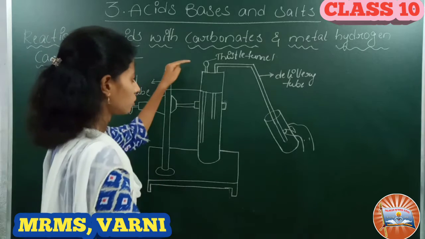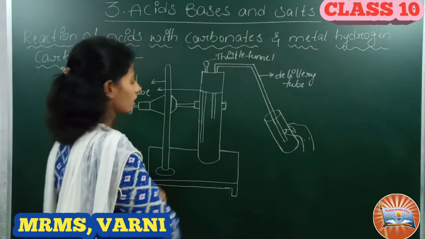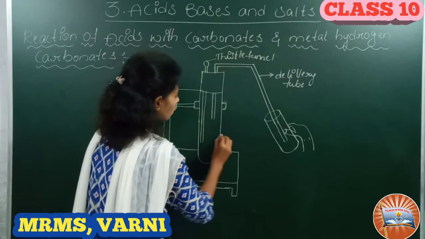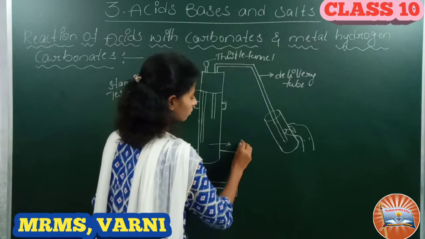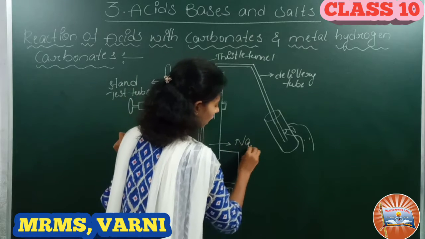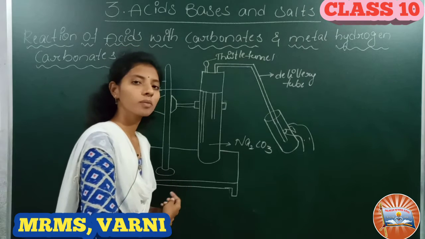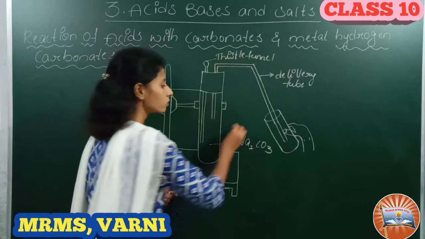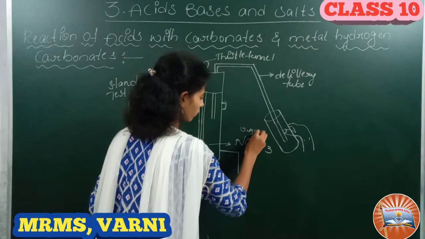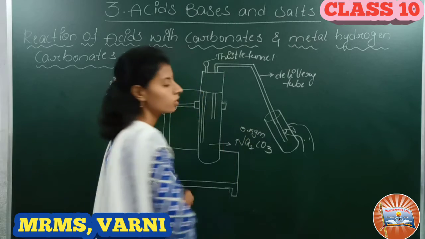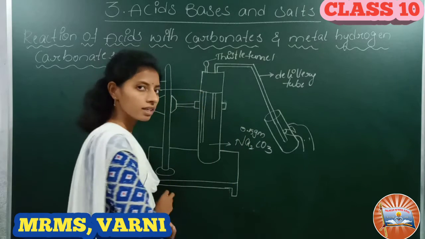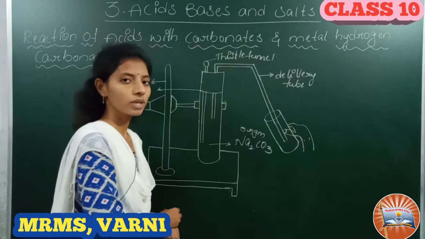Right. Now here in this test tube we have to take the sodium carbonate, nothing but Na2CO3. Okay. So here we have to take 0.5 grams of sodium carbonate, and add 10 ml of dilute HCl in this.